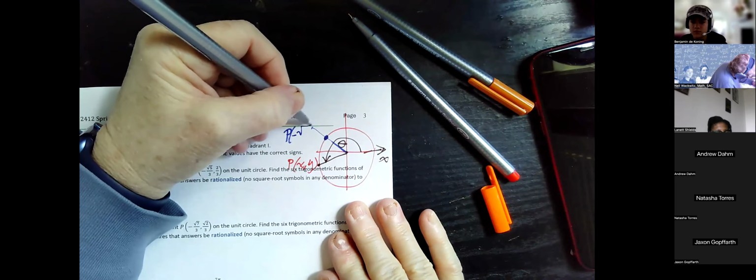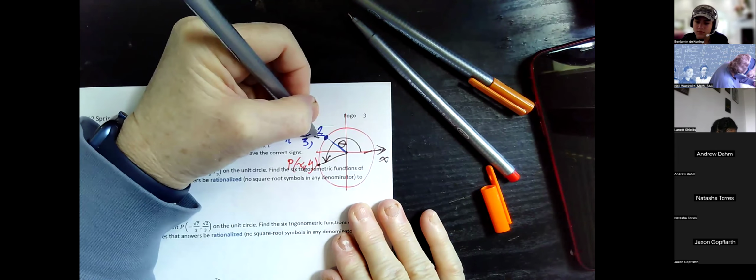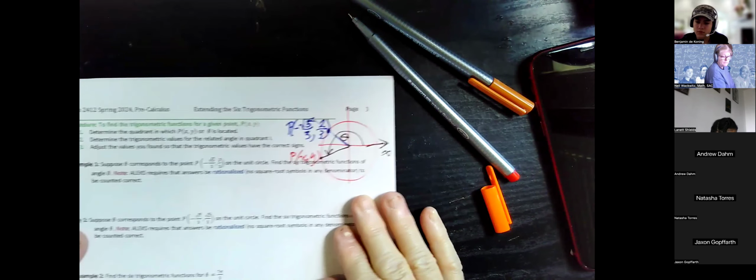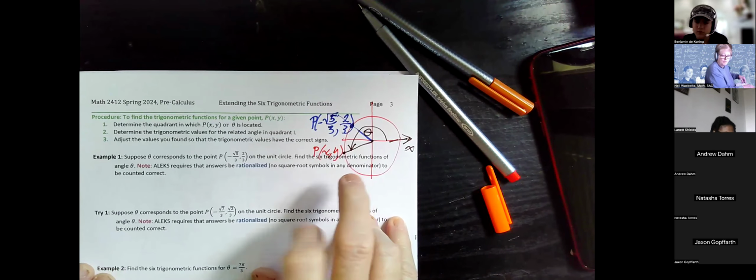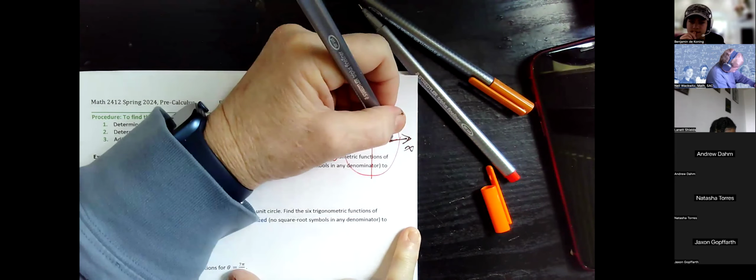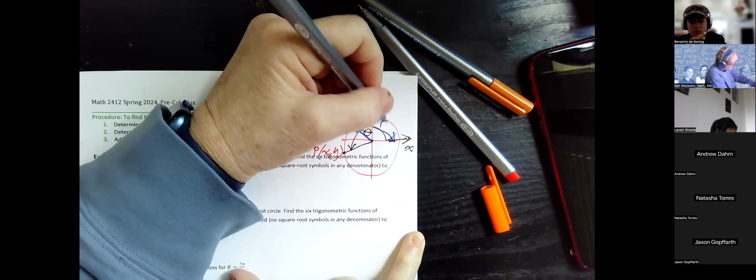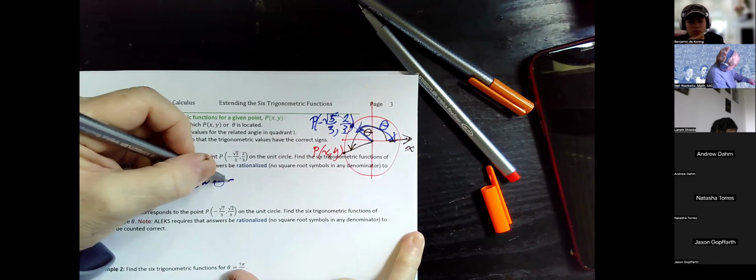So we have our point negative square root of 5 over 3, positive 2/3. We've already done it once today, but let's go ahead and write down the 6 trig functions for that point or its related angle. So what is the sine of theta?